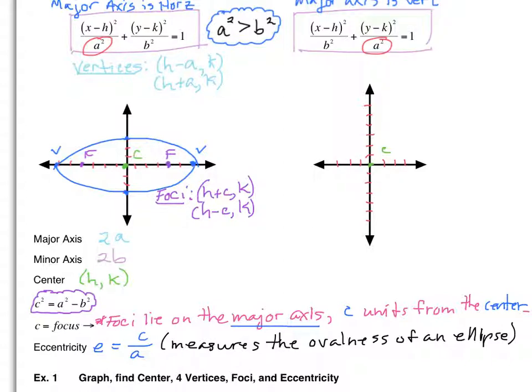And so we're going to plot our vertices at those points. So this is a vertex because it's on our major axis, and then these are the vertices on the minor axis. And then connect those so that it appears to be elliptical.